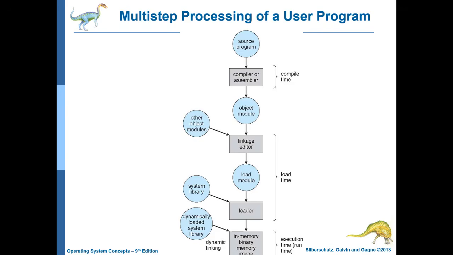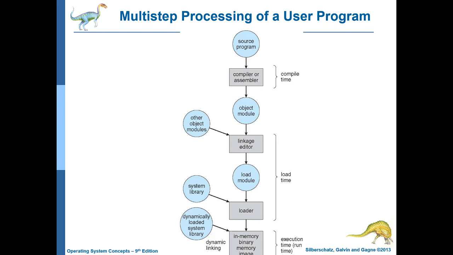So this diagram represents the whole scheme. If we have a source program and we are considering compile time binding, then this address binding is done at the level of the compiler or assembler, and this will result in an object module which will have fixed binding.